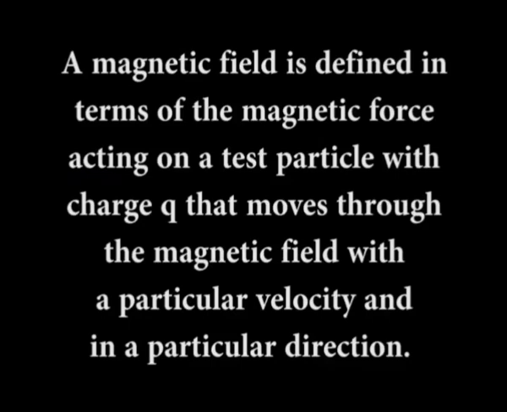So friends, here we come to the end of our discussion in this lecture today, and therefore we sum up. A magnetic field is defined in terms of the magnetic force acting on a test particle with charge q that moves through the magnetic field with a particular velocity and in a particular direction.